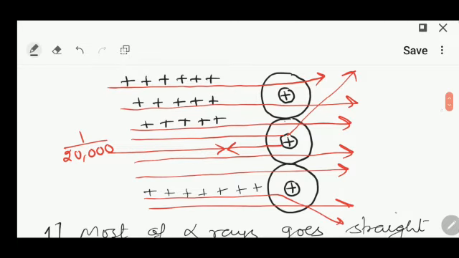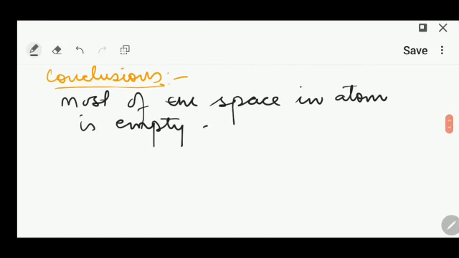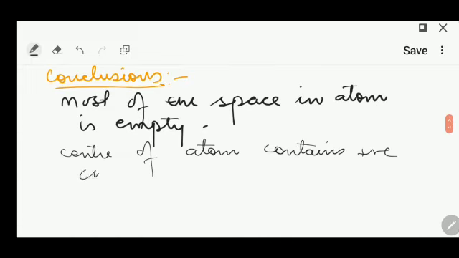It means there is some positive charge also present at the center. So for the first time the concept of nucleus arises. The center of the atom contains positive charge, the nucleus.